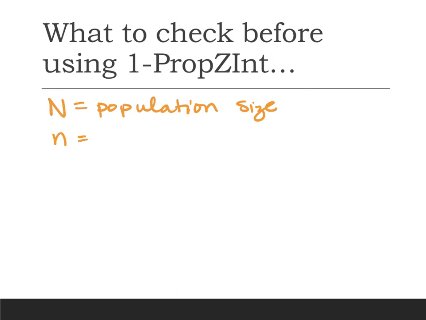And then, of course, lowercase n has been what we've been using for sample size for the entire semester. And what we need to make sure of is that the sample size is no more than, so no more than means not greater than, which would be less than or equal to 5% of the population size.